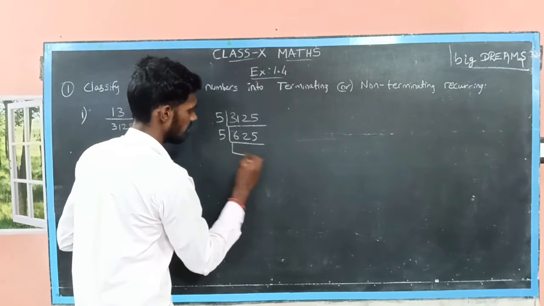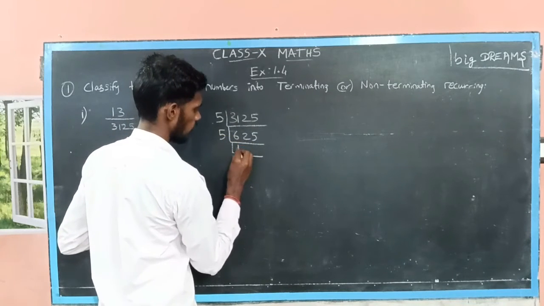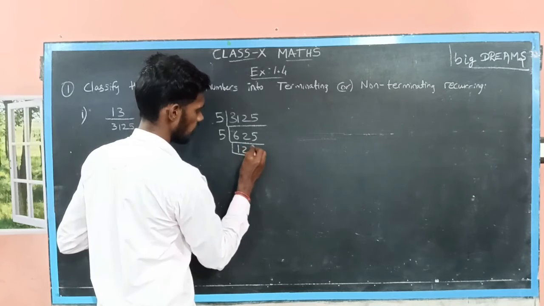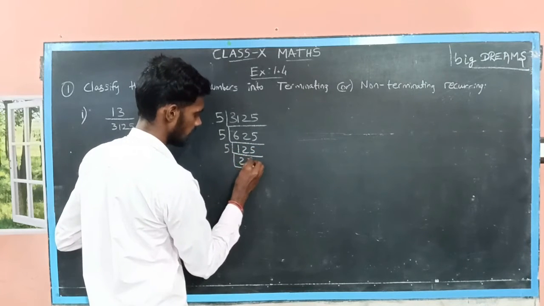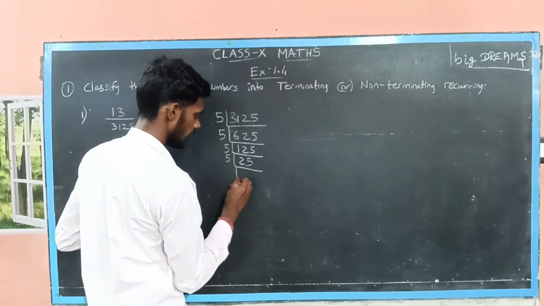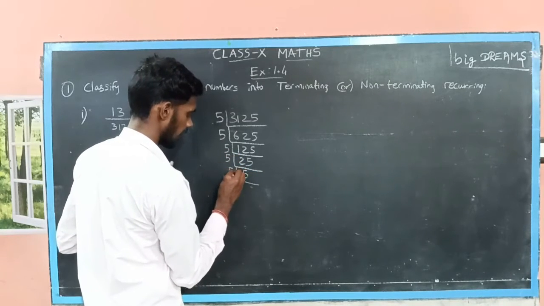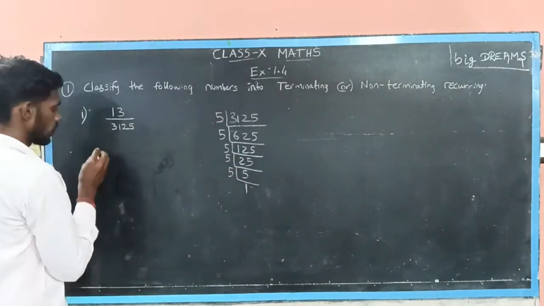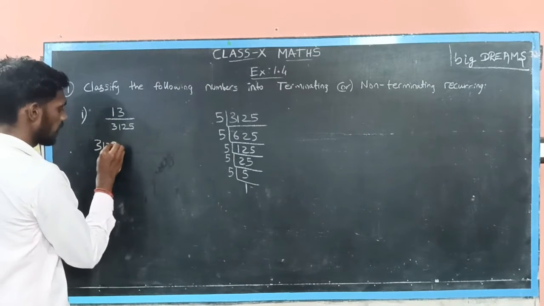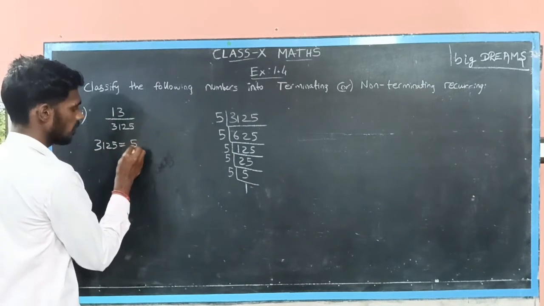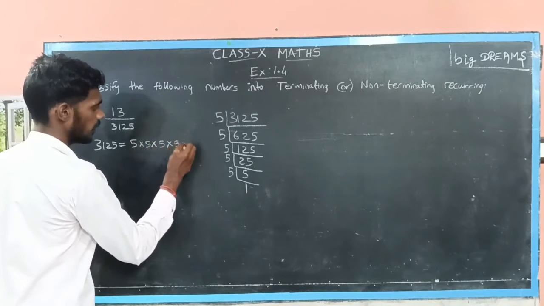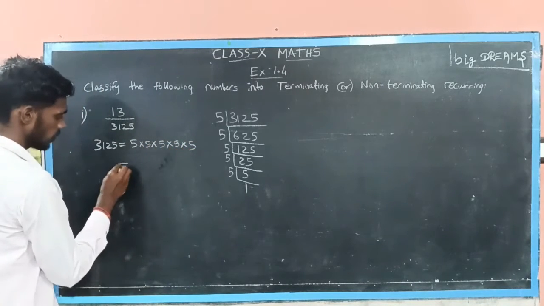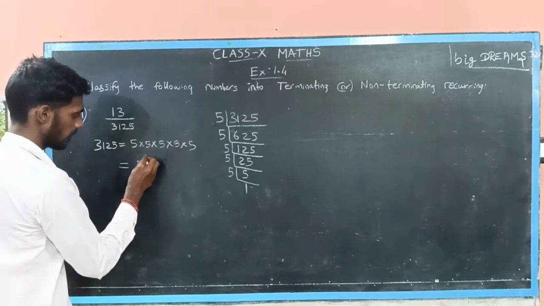Again dividing by 5, I will get 125, then divided by 5 it is 25, again by 5 it is 5, again by 5, 1. So 3125 is written as 5 into 5 into 5 into 5 into 5, that is 5 power 5.